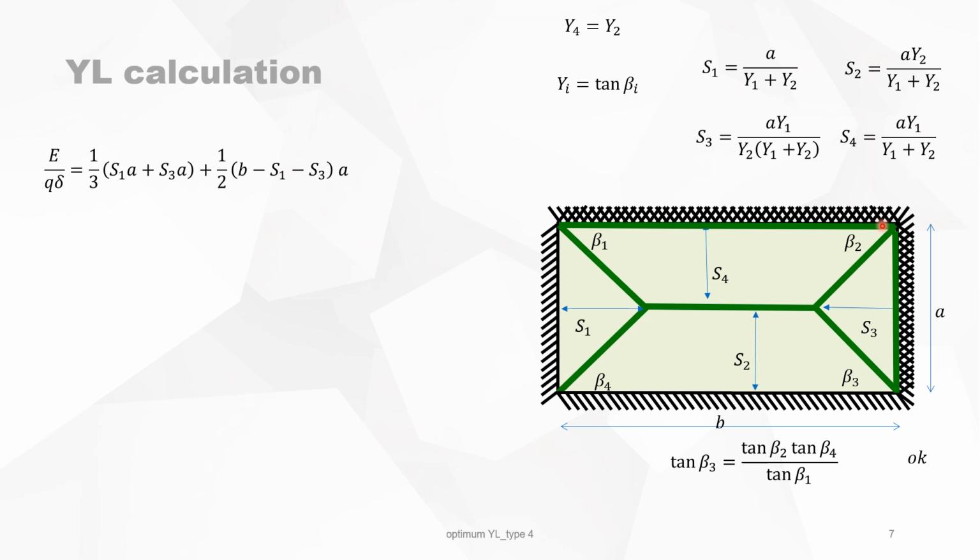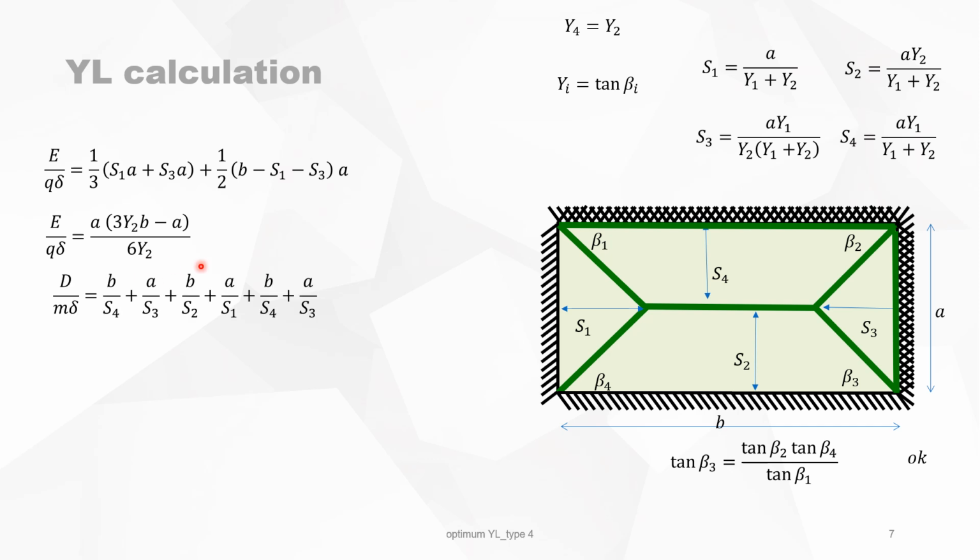The same for the other side, which is A multiplied by S3 divided by 3. So now we got this explained. What's left is a summation of rectangles with a side equal to B minus S1 minus S3, multiplied by A, and the mean deflection is delta over 2.